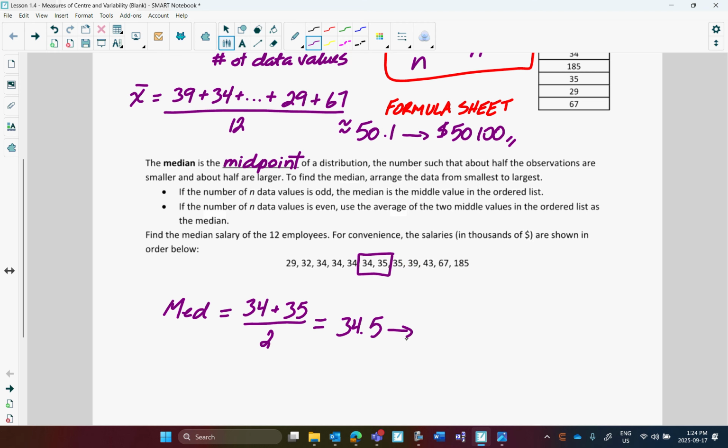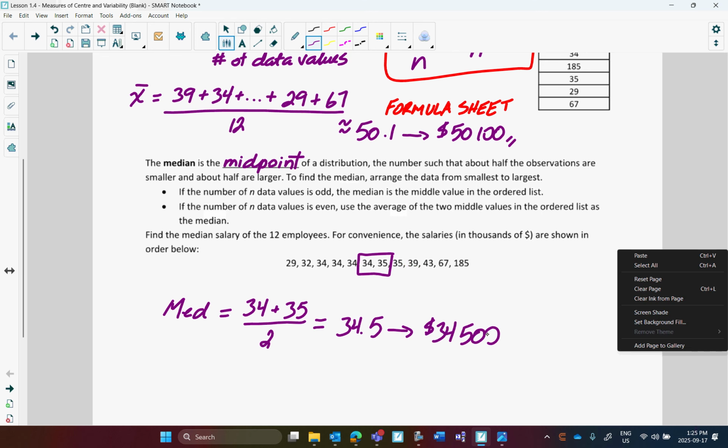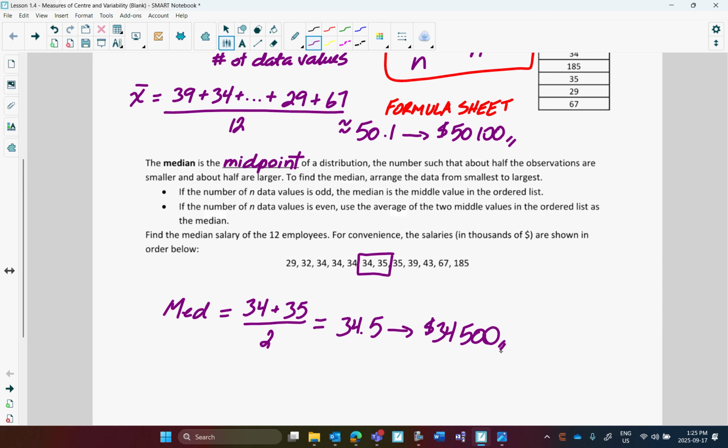So therefore, it would be 34,500. Okay. Those are the 2 big measures of center that we're going to use. And actually, we're going to use the mean more than the median eventually. Okay.